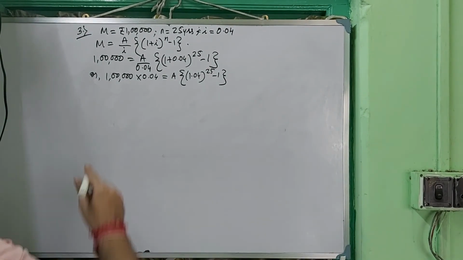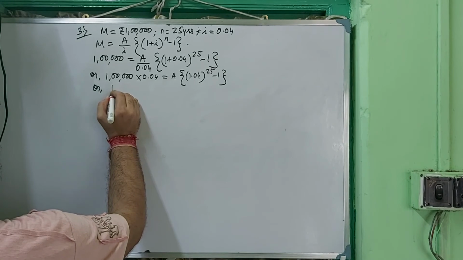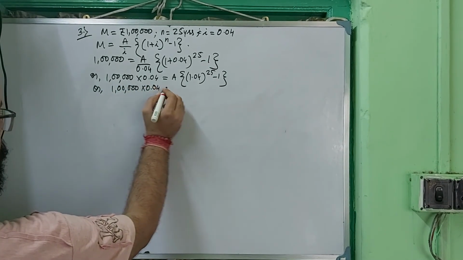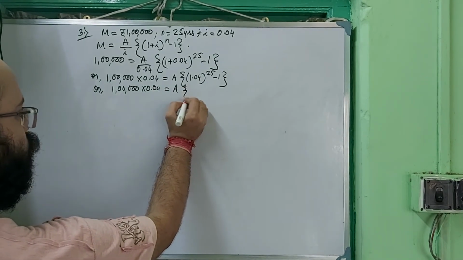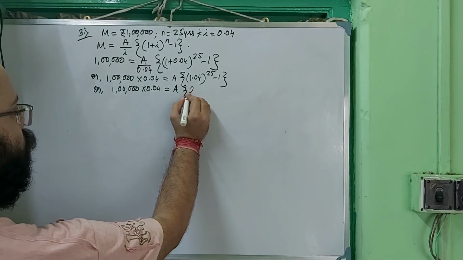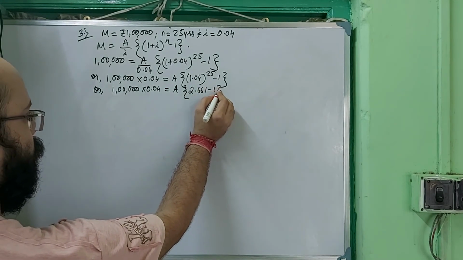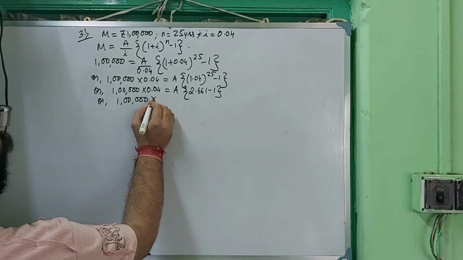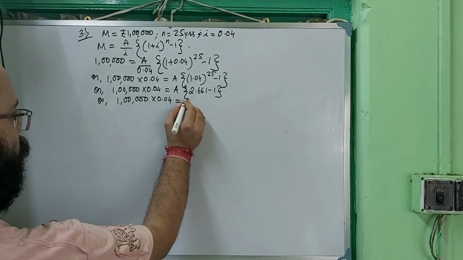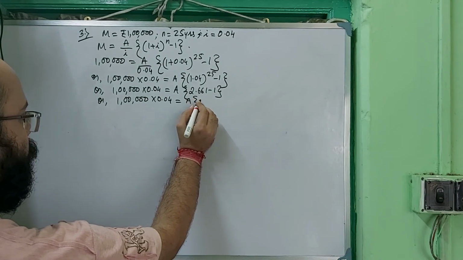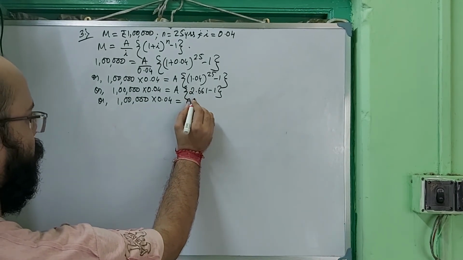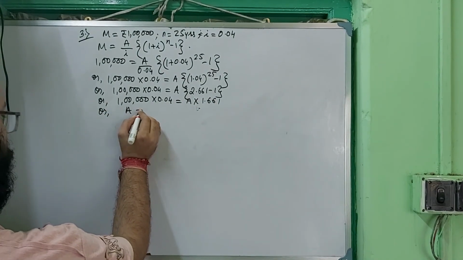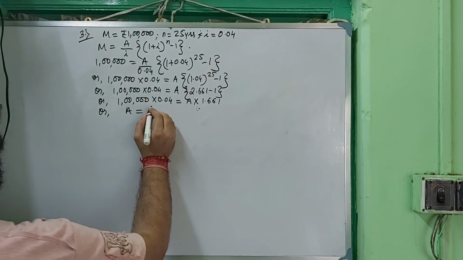Okay, I am not calculating right now, I will do it later. You can always calculate here, it's not an issue. The value is given: 2.661 minus 1, so 1 lakh × 0.04 divided by 1.661. You can do it all by yourself.